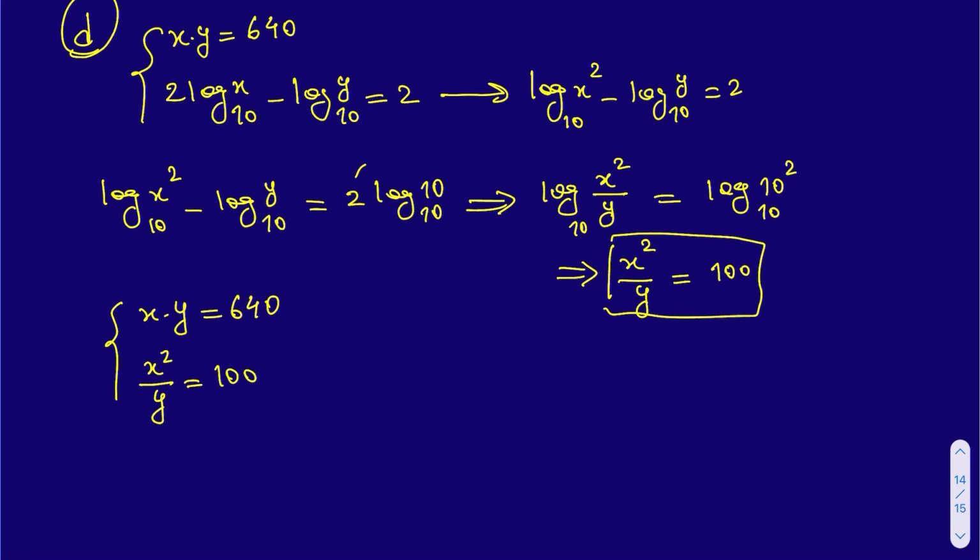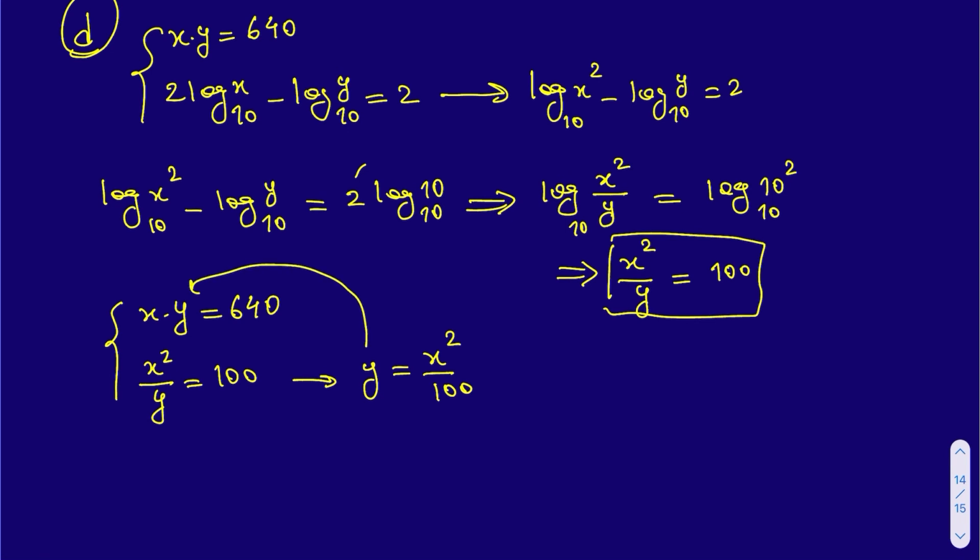Okay, so then we can find the value of one of these variables and just replace that value in the equation above, the one which is simplest. So let me find the value of y, which is equal to x to the power of 2 divided by 100, and then I will substitute y here.